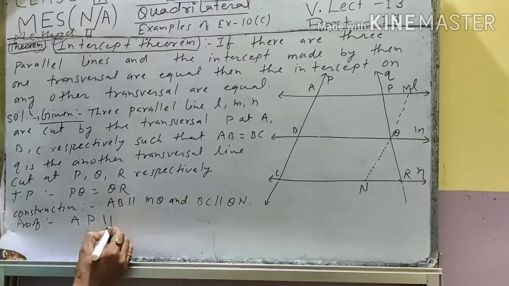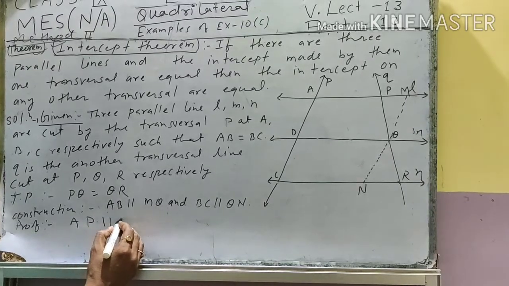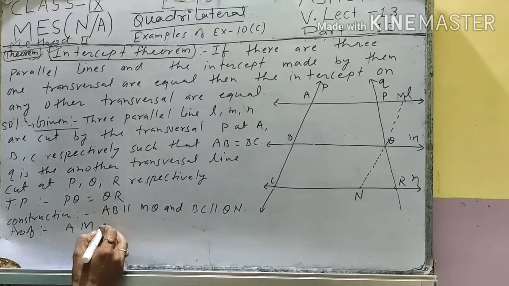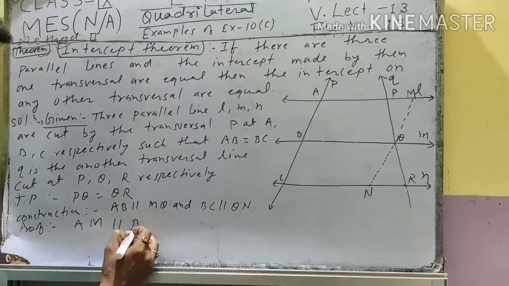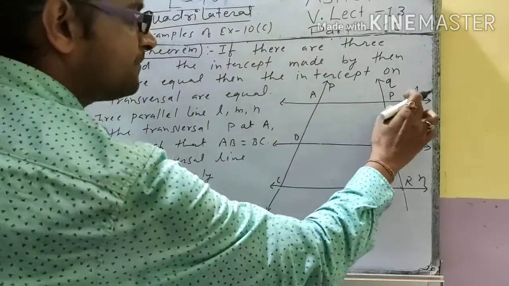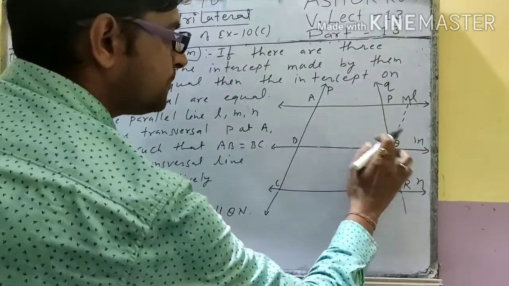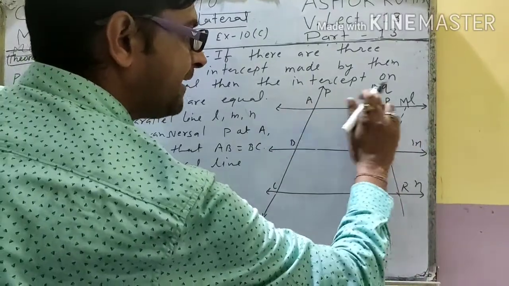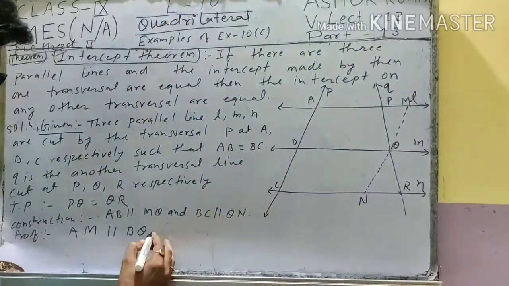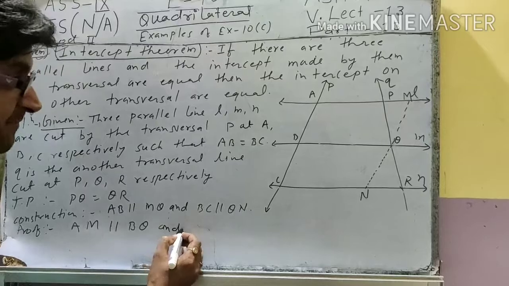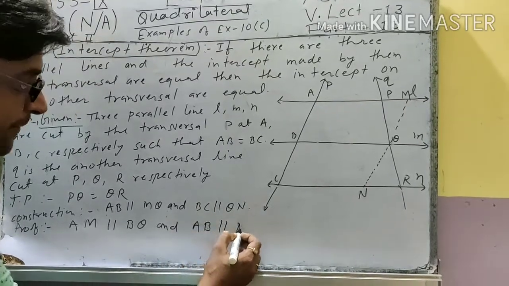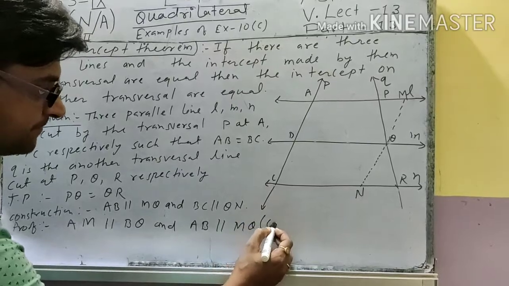AM is parallel to BQ because L is parallel to M. That's why AM is parallel to BQ. And AB is parallel to MQ by construction.